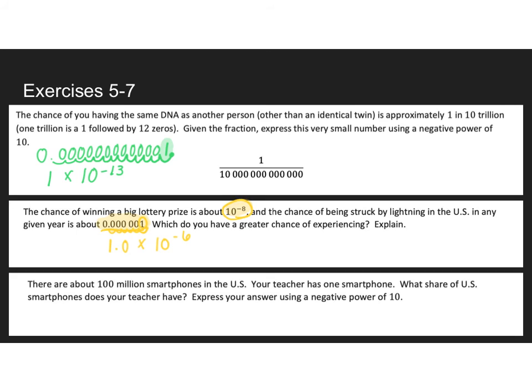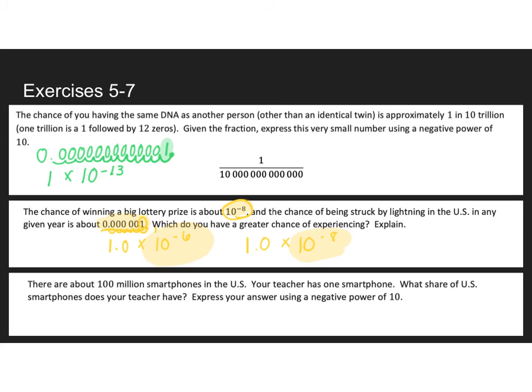This is the same as 1.0 times 10 to the negative 8th, because 1 doesn't really change anything. So again, if it's just 1 times 10 to the negative 6, this is the same as 10 to the negative 6th. If it's just 1 times 10 to the negative 8, this is the same as 10 to the negative 8th. Which one of these is a bigger number?